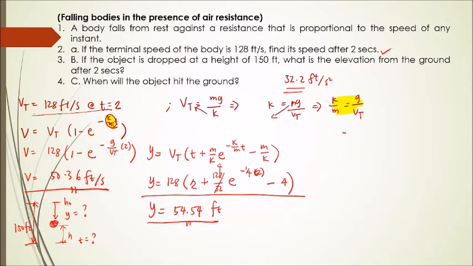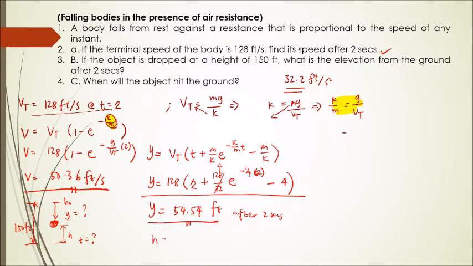This is where our object is at 2 seconds. Now, the question is, this is the elevation after 2 seconds. Now, when will the object hit the ground? By the way, let's find h first. We want to know how far it is from the ground.